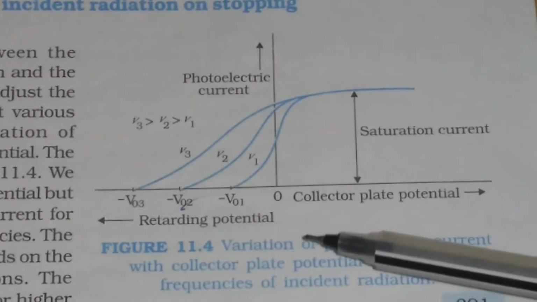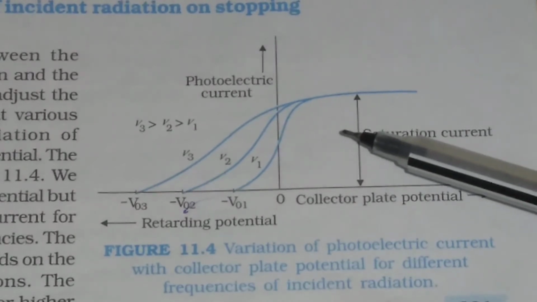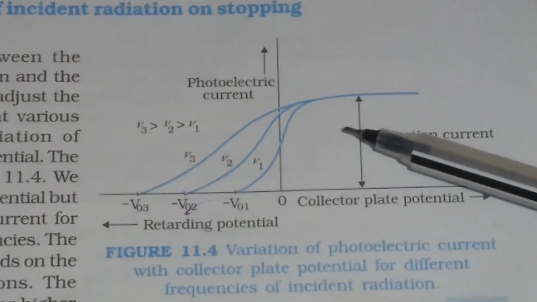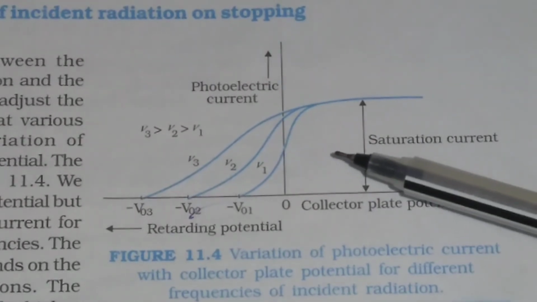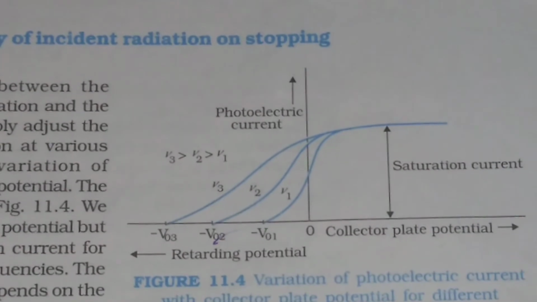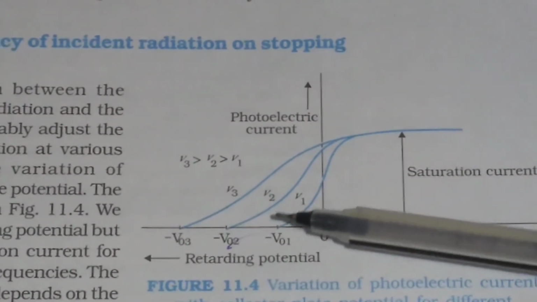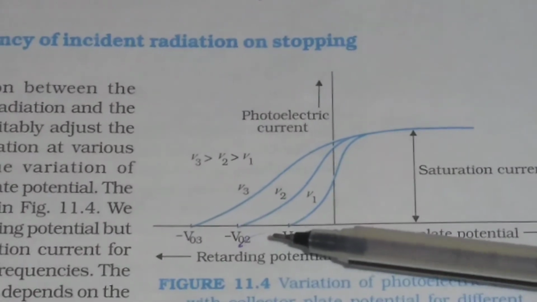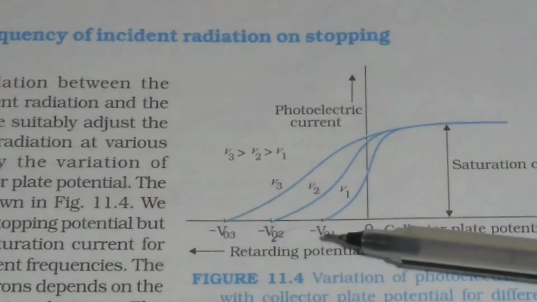Here it is plotted the variation of photoelectric current with collector plate potential for different frequencies. From this graph, it is clear that for a given photosensitive material, there exists a certain minimum cutoff frequency of the incident radiation called the threshold frequency.